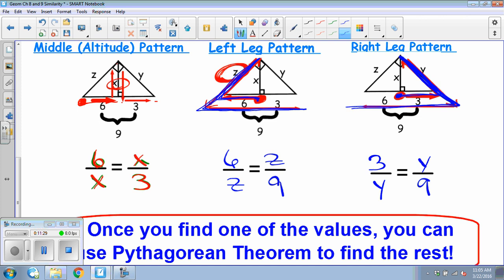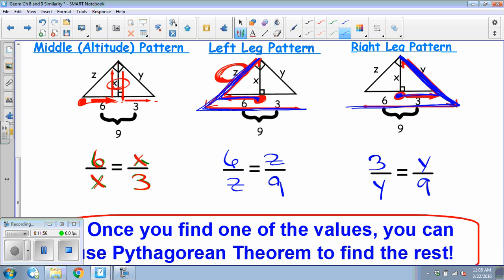Now, once you find one of the missing values, that should be all you need to be able to use Pythagorean theorem to find all the rest. Also, these patterns only, listen to me, only work with double right triangles. If this is not a right angle on top, you cannot do this. Okay? It has to be a double right triangle. All right?